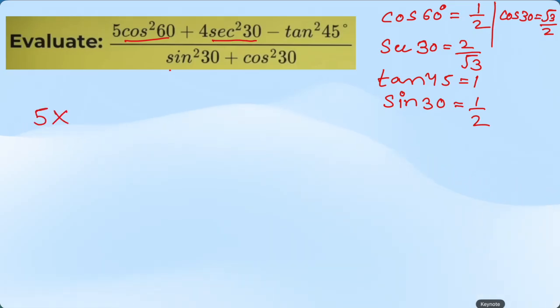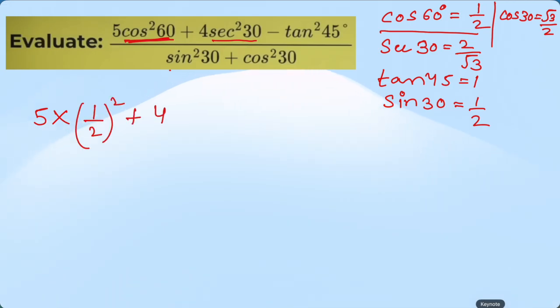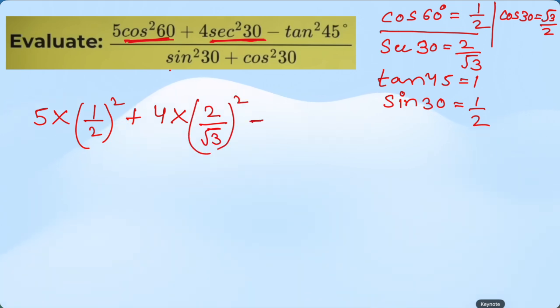5 into cos square 60. What is cos 60? 1 by 2. So 1 by 2 the whole square. Then 4 times secant square 30. What is secant 30? 2 by root 3. So 2 by root 3 whole square. Then tan 45. Tan 45 is 1. So 1 square. Any doubt in the numerator?